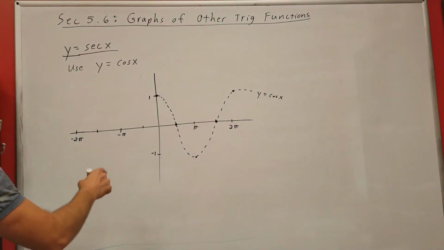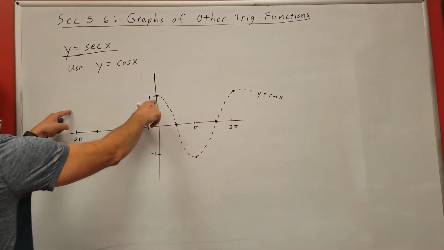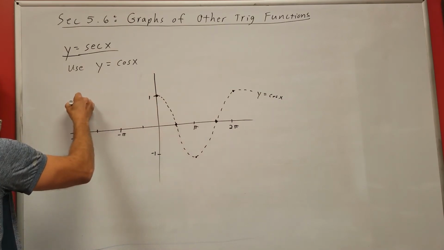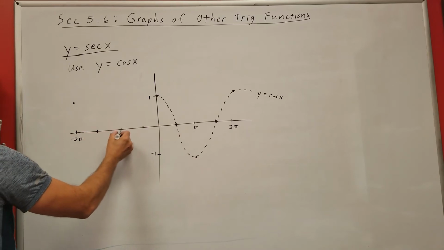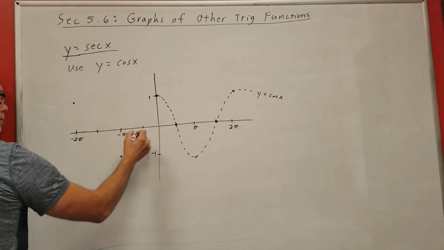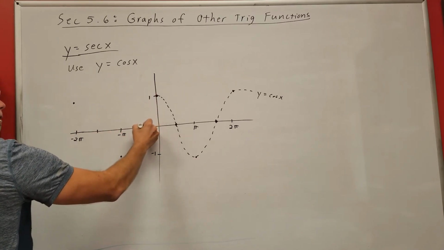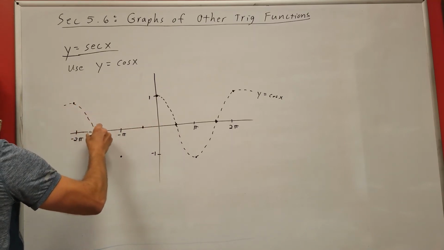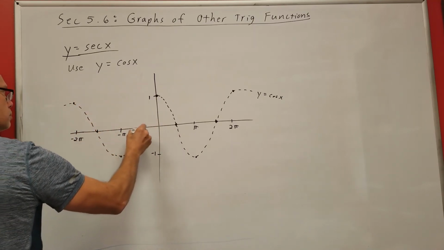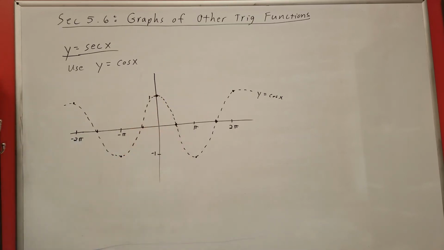Now let's complete the other side. Over at negative 2 pi, it's going to be back up here. Halfway between 0 and negative 2 pi, it's going to take on its lowest point. Halfway between lowest and highest, x-intercept. So it's going to look something like that.